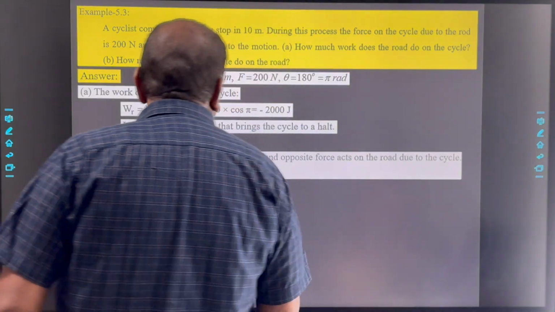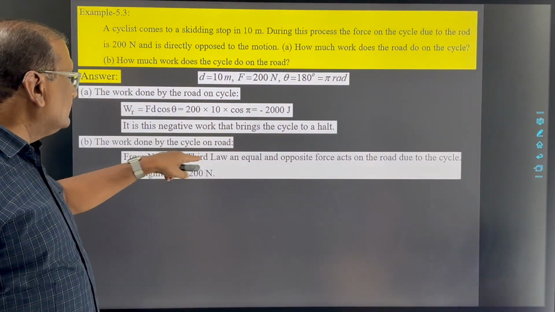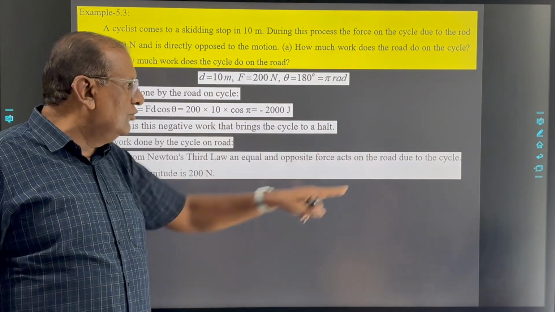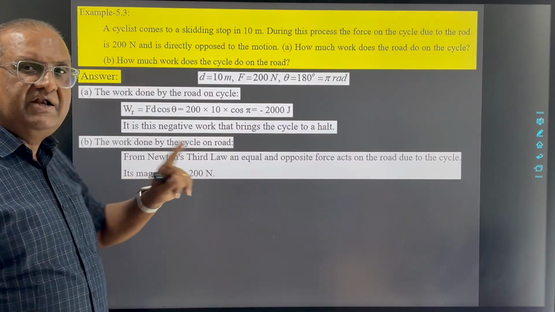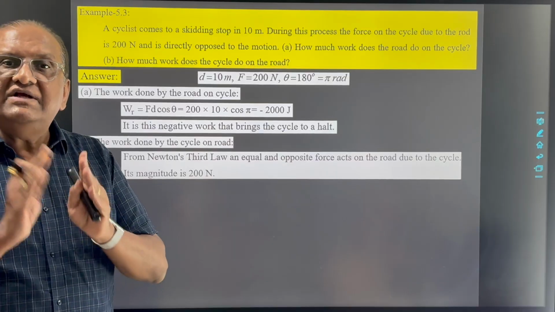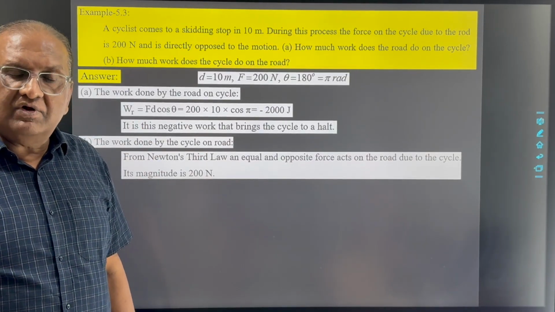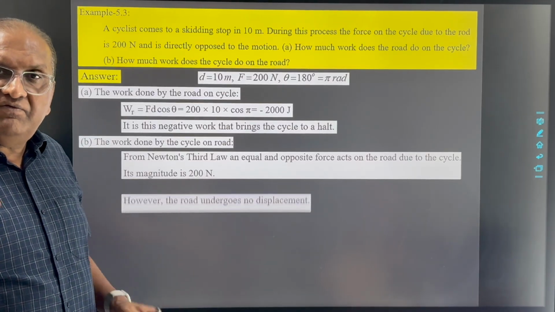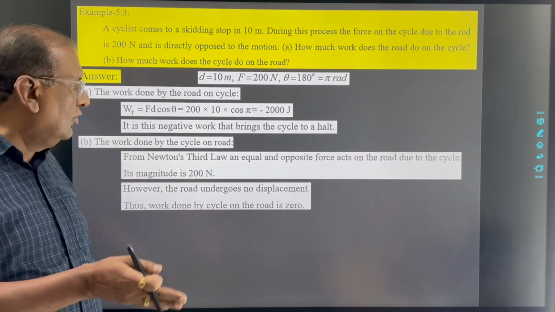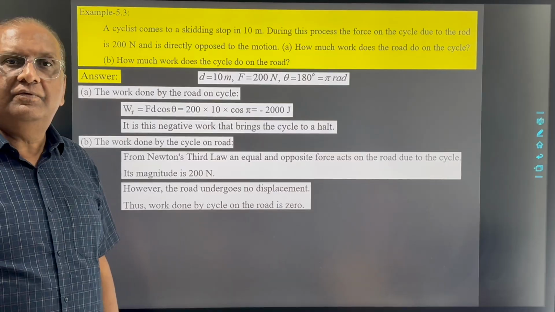So from Newton's third law, an equal and opposite force acts on the road due to the cycle, and its magnitude is 200 Newton. But here the road is not displaced. So the displacement of the road is 0, and therefore the work done by the bicycle on the road is equal to 0. Clear to all of you?